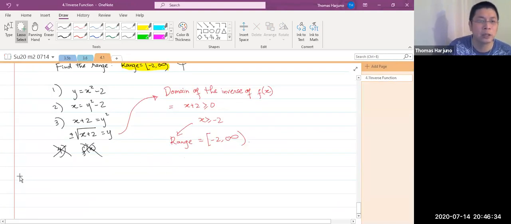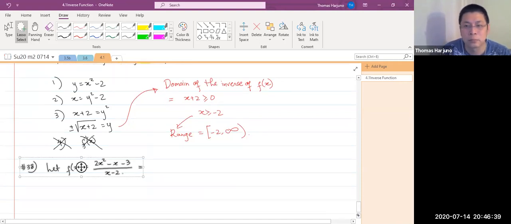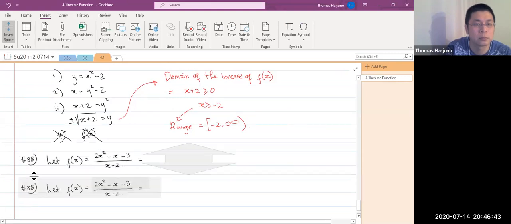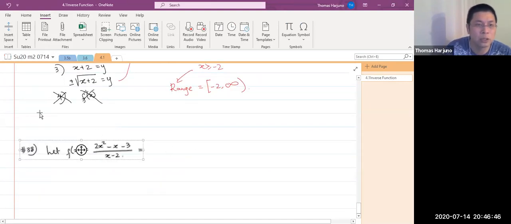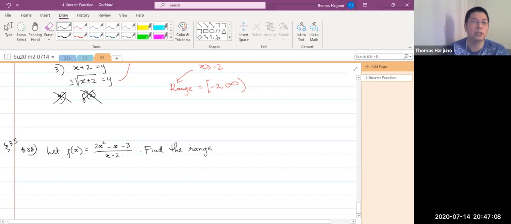Okay, put it here. So this is from section 3.5. I borrow this example, and we are interested in finding the range. Find the range of this function.